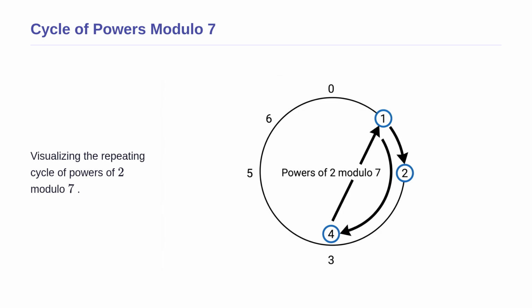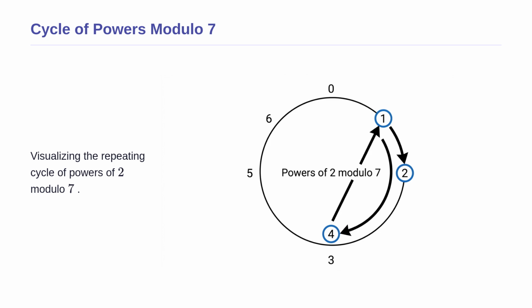To make this even clearer, let us look at what this cycle actually looks like on our circular track. The diagram you are seeing visually represents the cycle we just discovered in our first example. The numbers 0 through 6 represent all possible remainders when dividing by 7. Starting at the highlighted number 1, multiplying by 2 moves us along the arrow to 2.